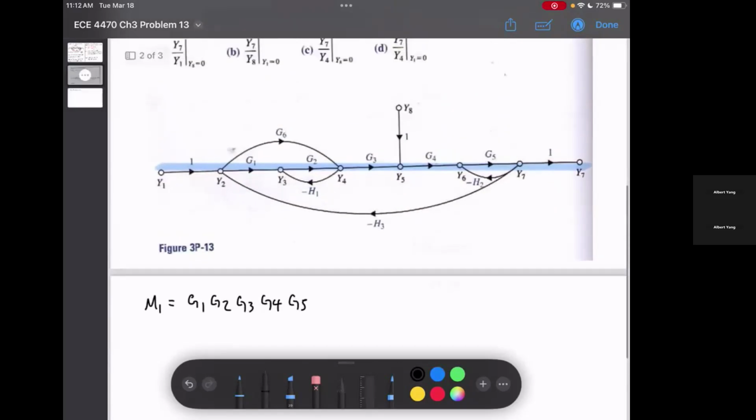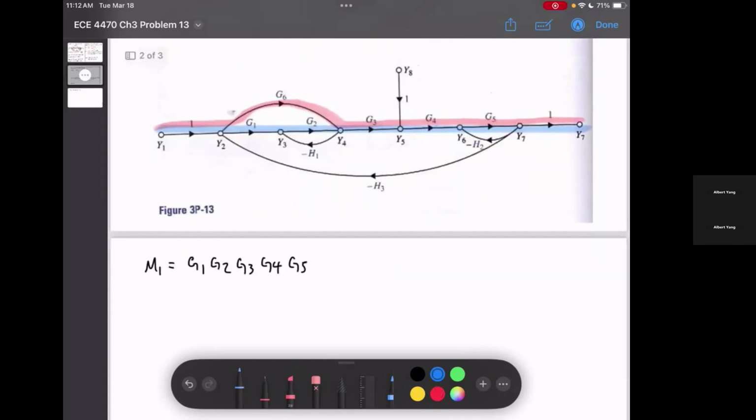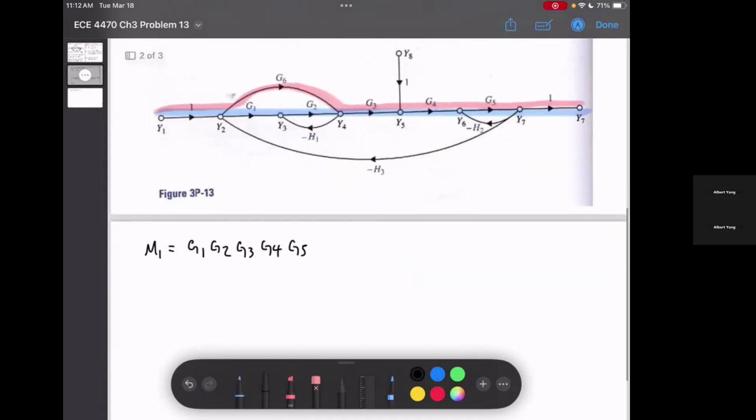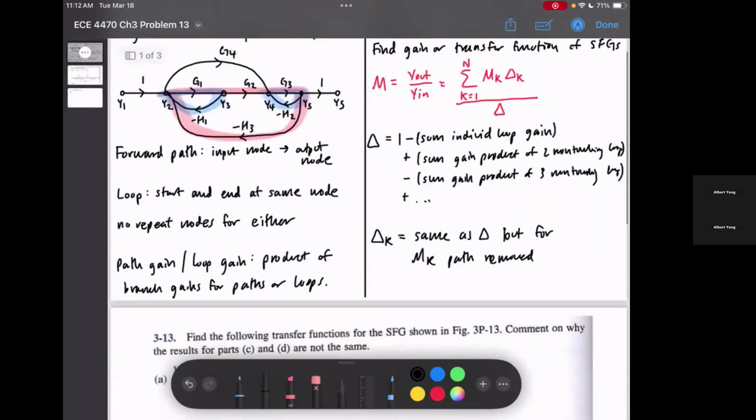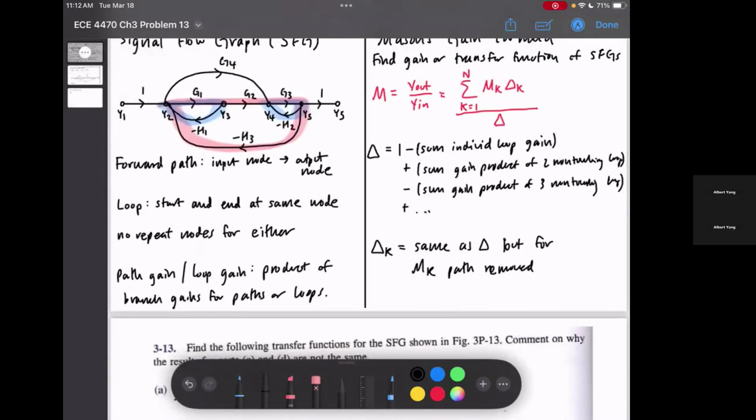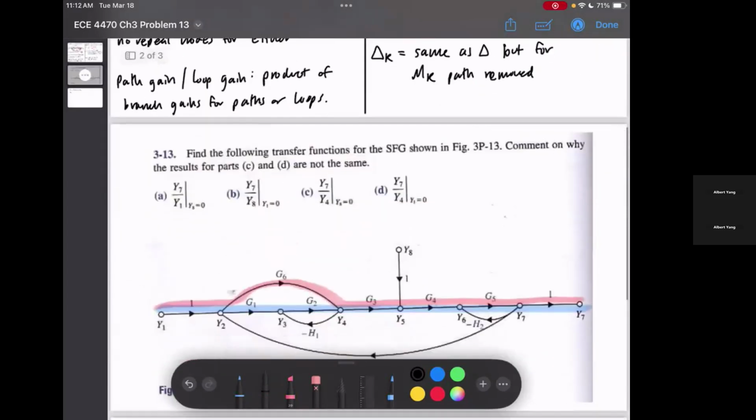Then there is a second path that would be from here through the top part and then all the way through. That I would call M2. And then the 1 and 2, those are the K's that you would have in Mason's gain formula.